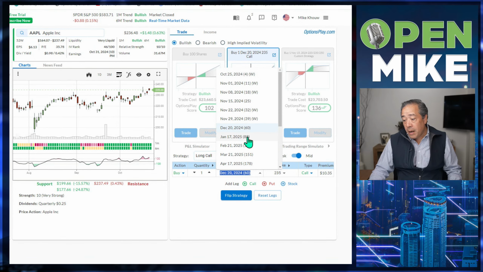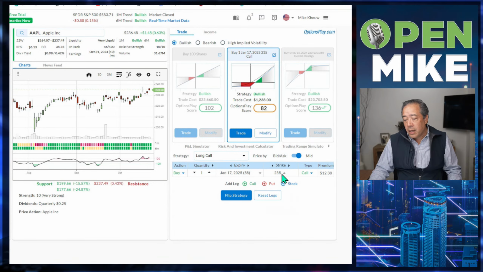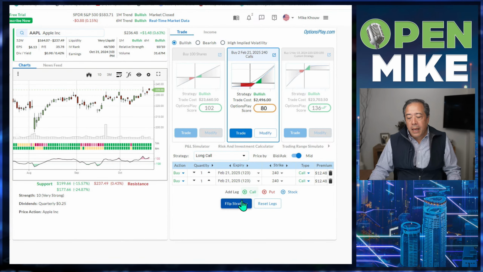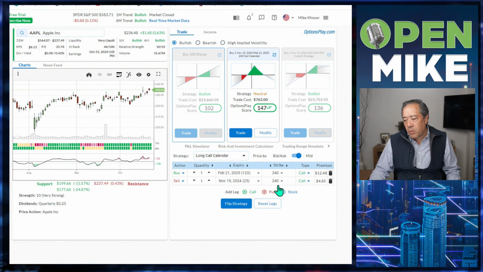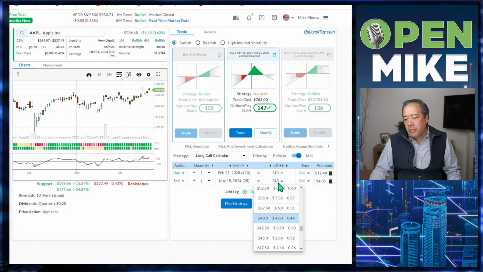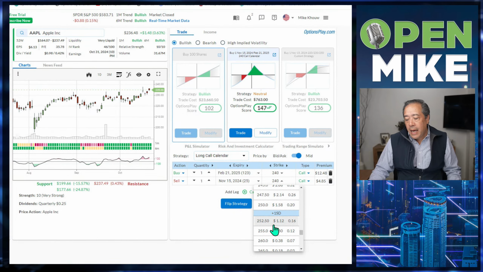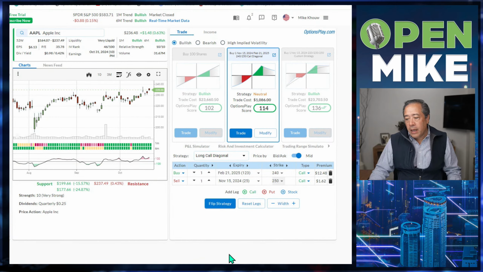So if you were thinking about wanting to have some upside exposure, but reducing that risk a little bit, a calendar spread might be a better way to go about doing that. Because I was already using November, I might as well. But in that case, you would buy an upside call, longer dated, and then arguably sell it into a diagonal, something like this.